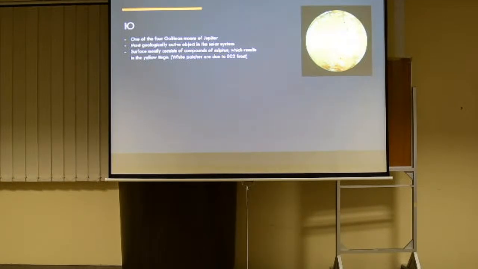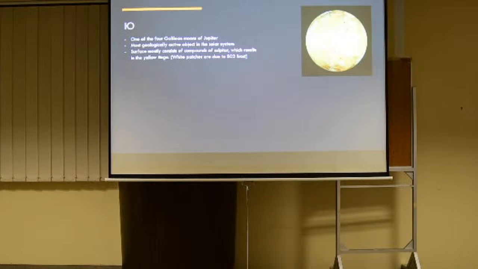So, now we're going to deduce why Io is so vibrantly colored. What geological features does Io have a lot of? What produces that? Yes, volcanoes. Io has a lot of volcanoes.